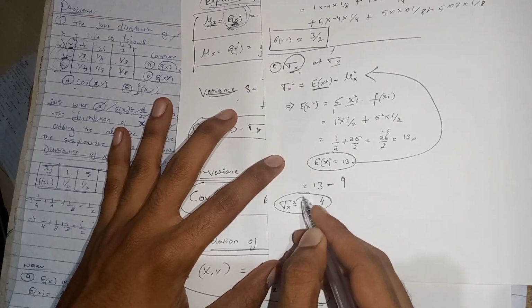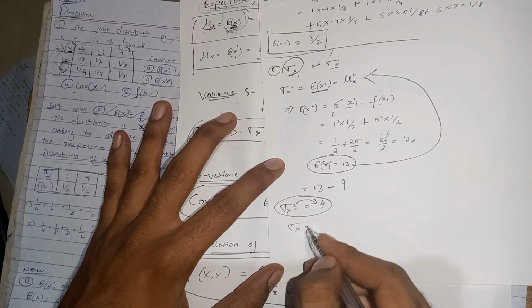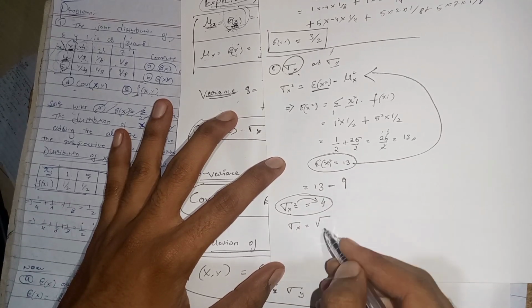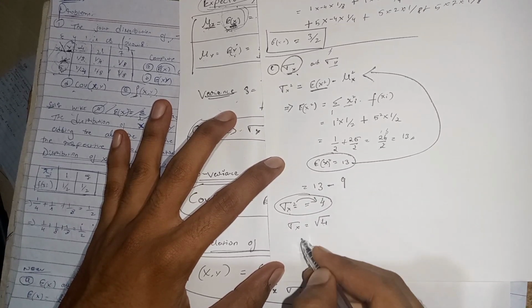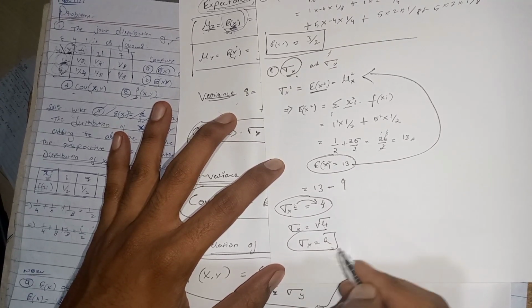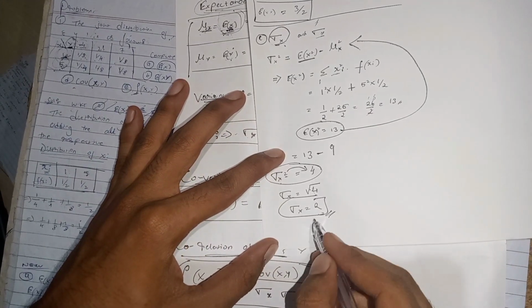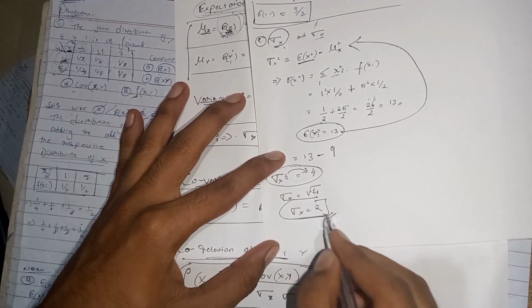If I send this to my RHS, the square becomes a root here. So root 4 is nothing but 2. So this is your standard deviation of x, which is equal to 2.